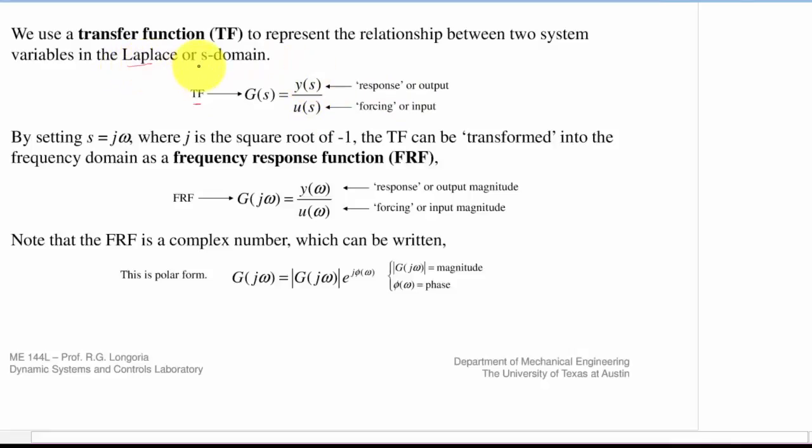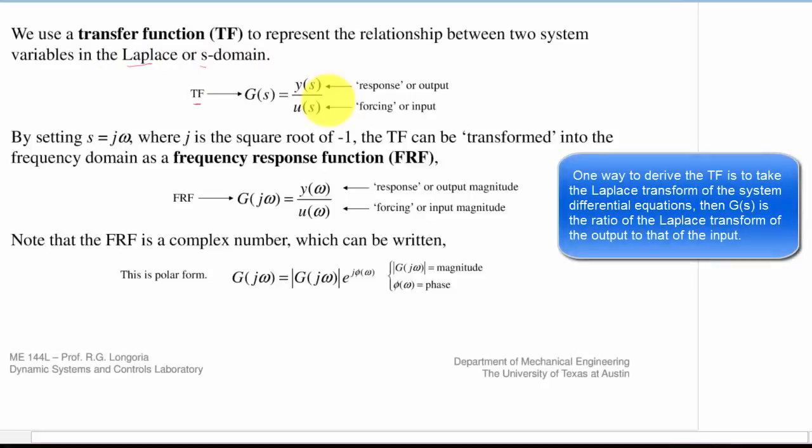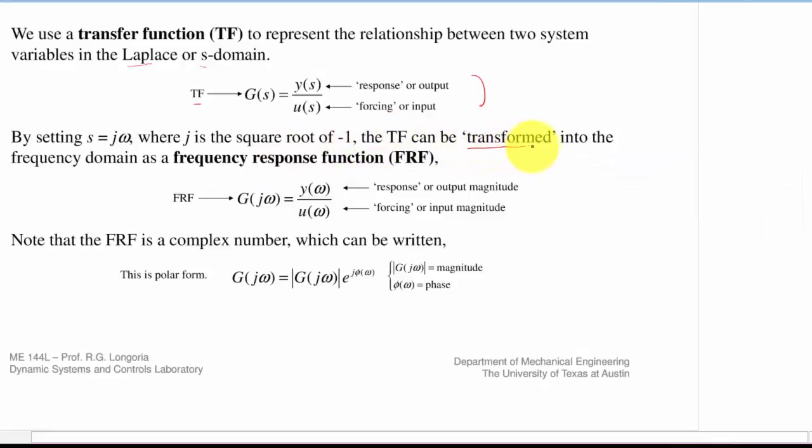We call it either the Laplace or the S domain. We're no longer in the time domain, right? But the nice thing about a transfer function is that by setting this S operator equal to j omega, we can transform the S domain transfer function into a frequency response function.